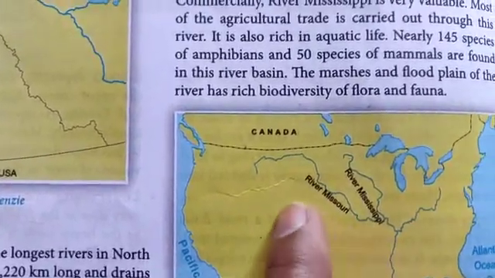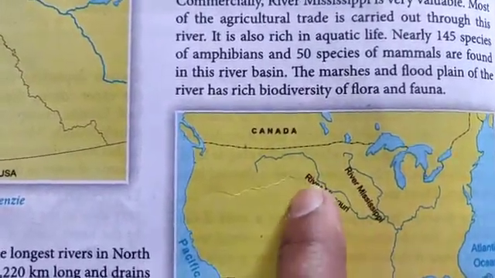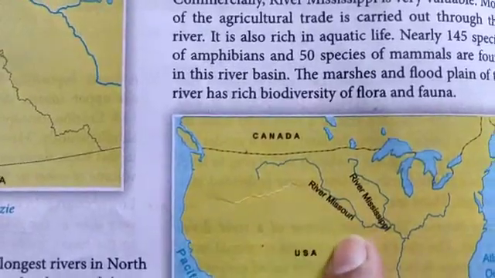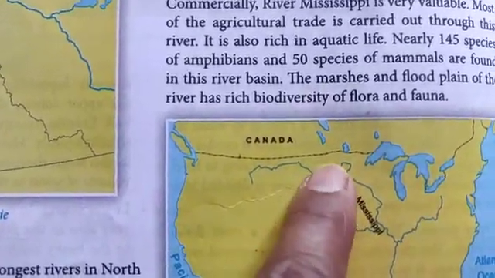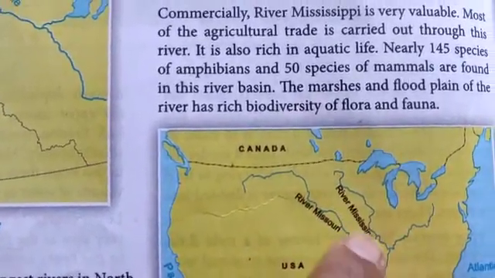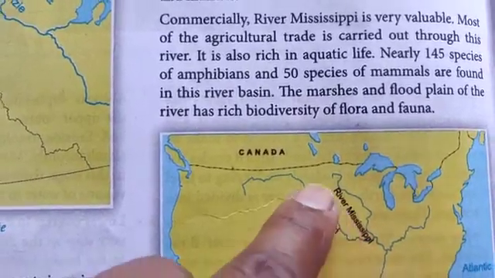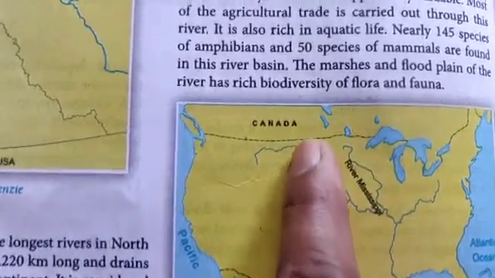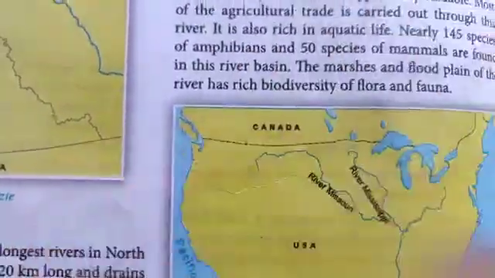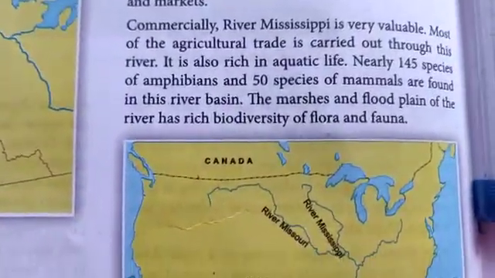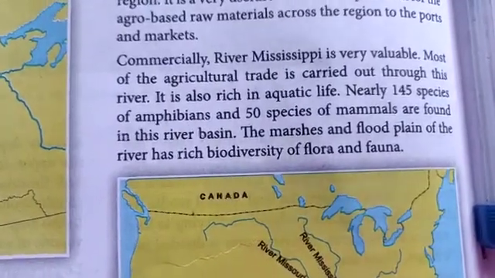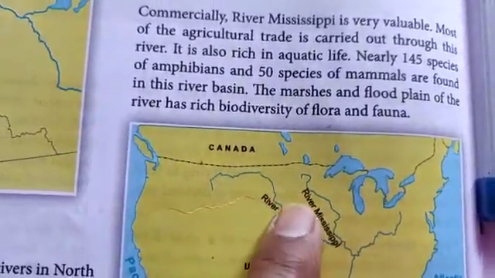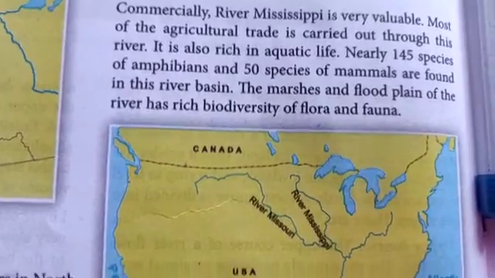So, whatever wheat is being harvested over here or any other agricultural product, the river Mississippi provides the route from where the raw product is taken to the factories. They do not take any road routes. The inland river system is used for transportation of goods.